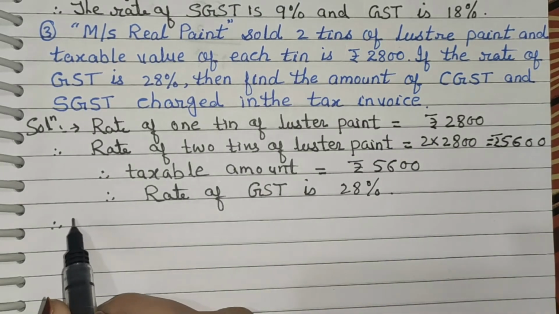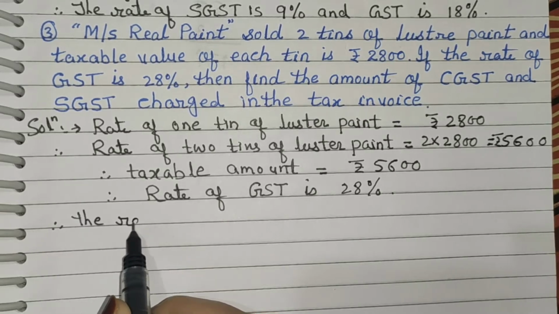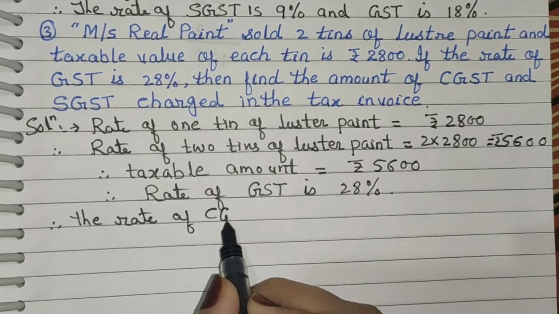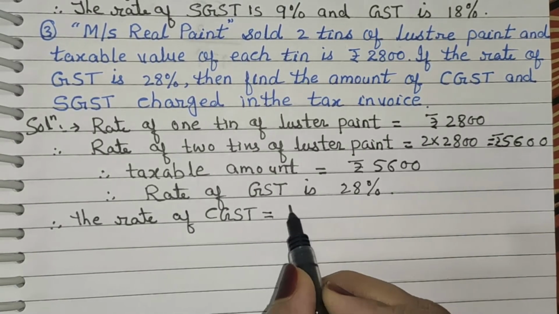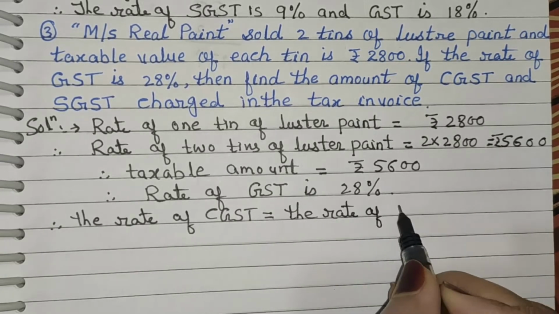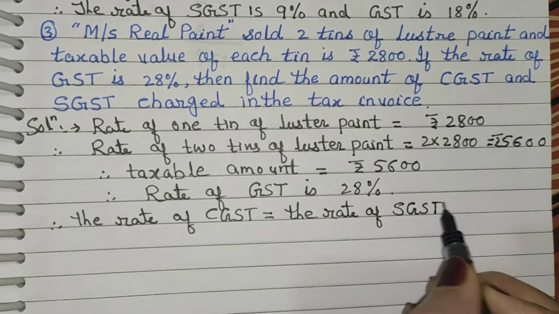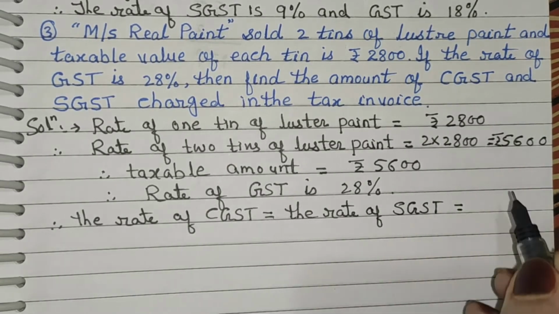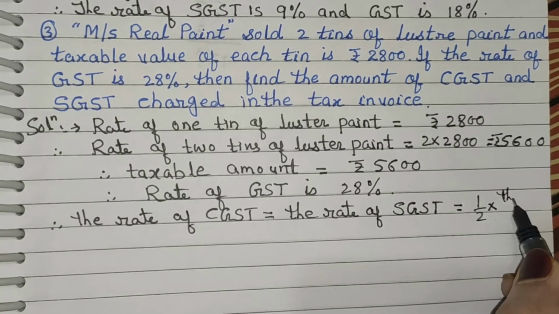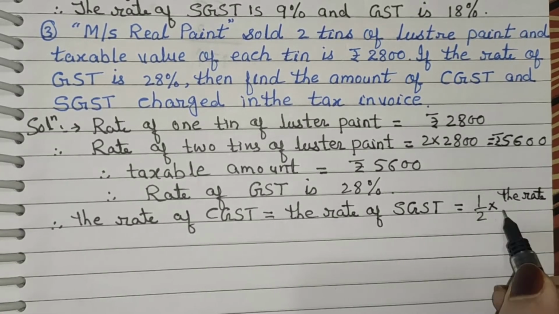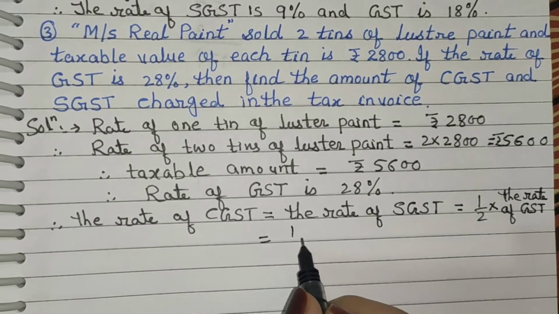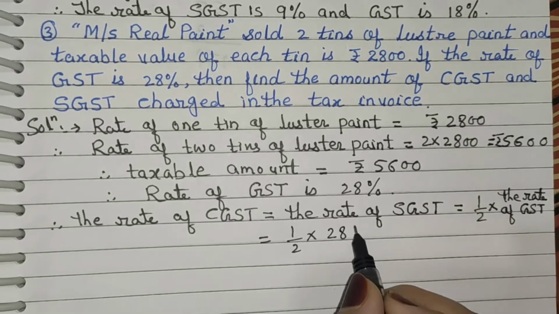Therefore the rate of CGST is equal to the rate of SGST. We know that both are equal to half of the rate of GST, which is equal to half of 28%.